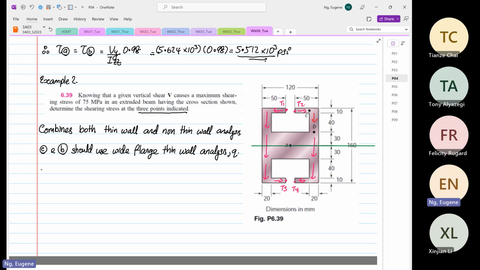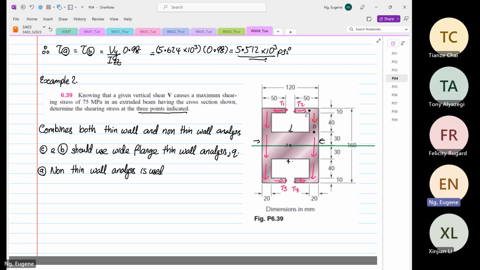Whereas at point A, non-thin wall analysis is used. Why? Because if you look at the thickness, either vertically is 60 or horizontally is what? Is 120. It cannot be thin wall for this case.